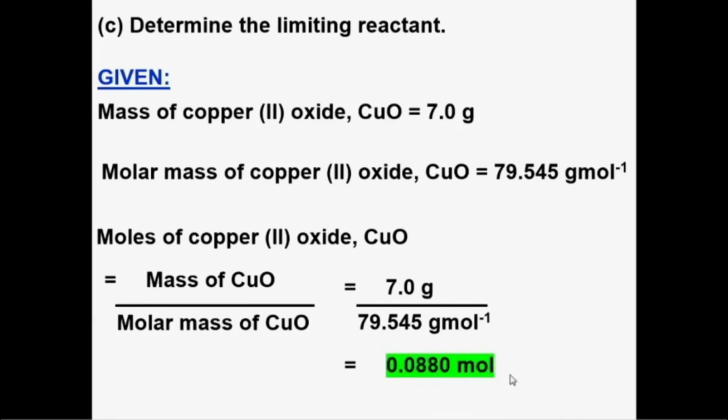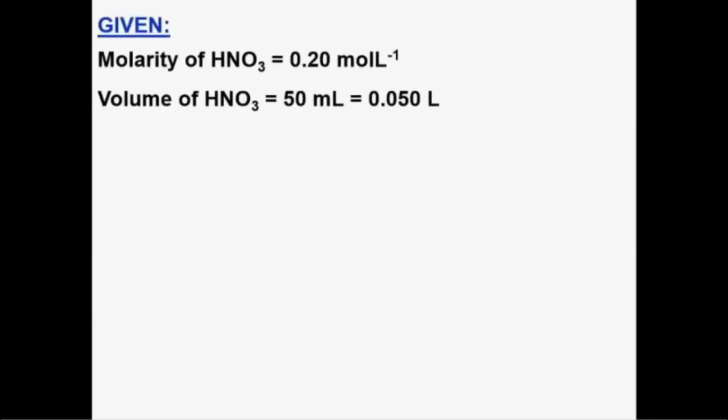Keep in mind, guys, this is the moles of copper oxide that we use in this reaction. So we put aside this copper oxide. Next, we are going to determine how many moles of nitric acid are used in this reaction. Since nitric acid here is in the form of a solution, we are going to use the molarity and the volume given.